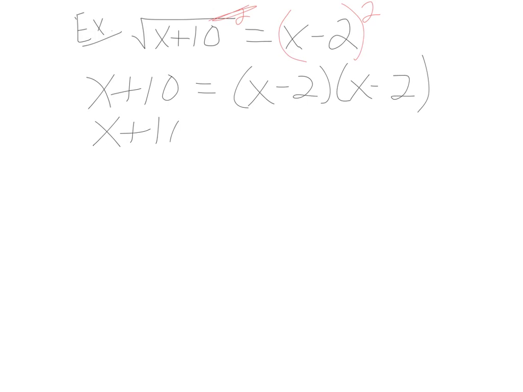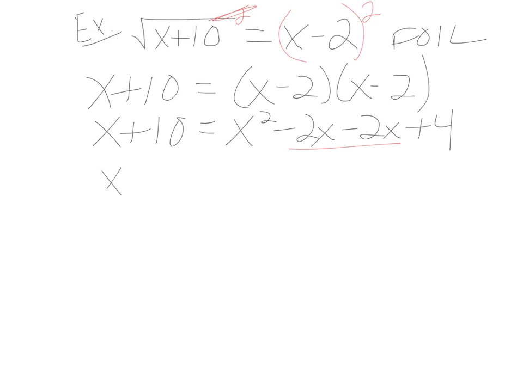So x plus 10 equals, and when I FOIL that, I've got x squared minus 2x minus 2x plus 4. First, outer, inner, last. I can combine my two x's, negative 4x, and again I have a quadratic, I want it equal to 0.